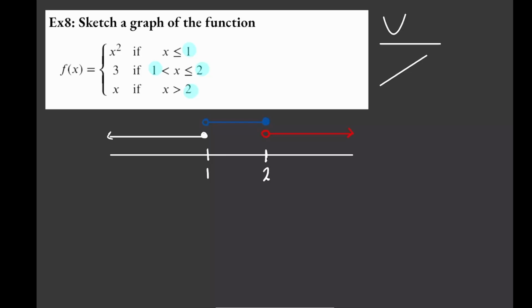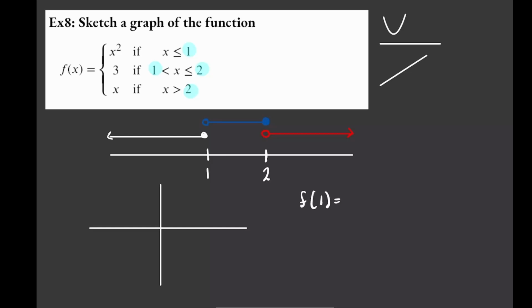So after I know where each function is defined, now I am going to draw my functions on a graph, putting all these functions in one graph. Here, my 1 value is in my first function, my parabola f of x equals x squared. So I need to know that value exactly. I am going to put my 1 value into my parabola.